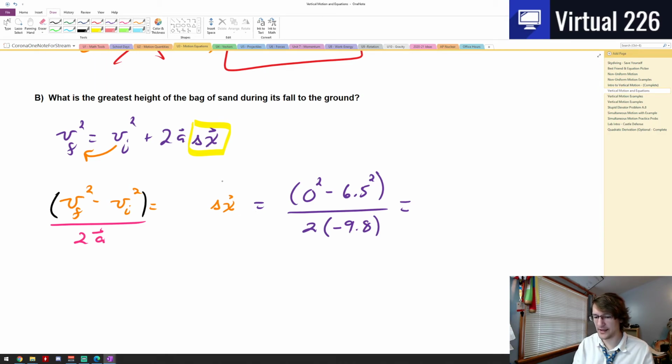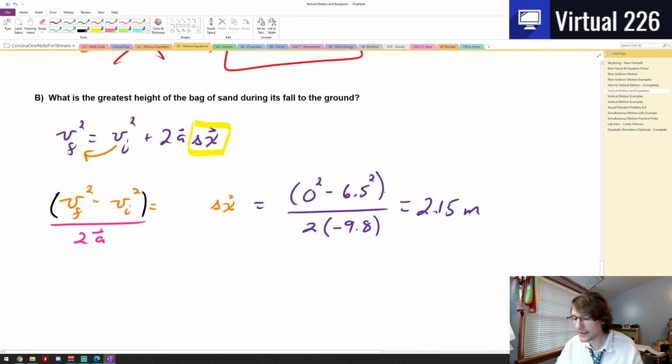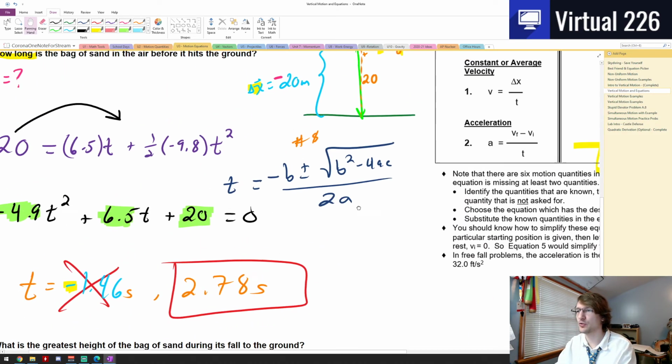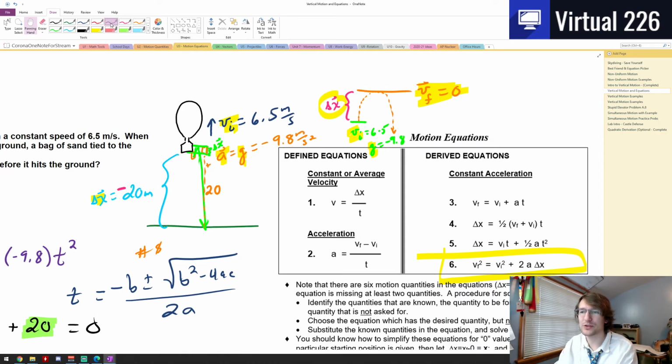We're going to divide that by 2 and divide that by negative 9.8. That will turn things back into a positive, which is nice because this bag needs to go up in the air a little bit. And we're going to see that the bag gains an extra 2.15 meters. But please recall that that 2.15 meters is only this tiny little bit of extra here. Okay, that's only the tiny extra.